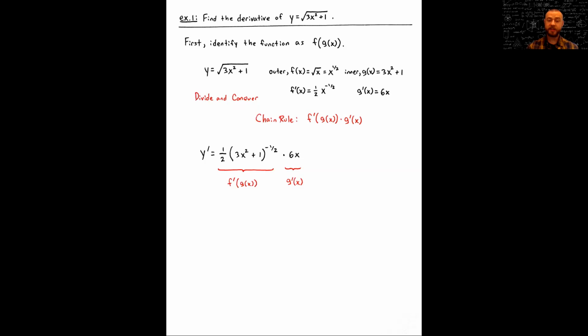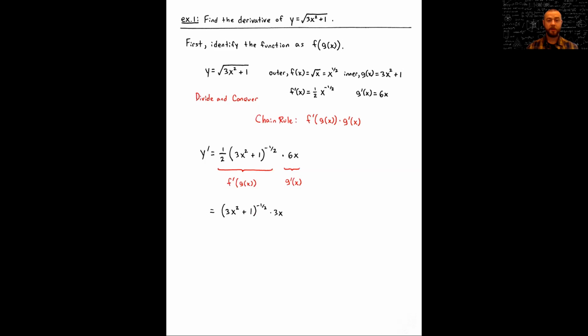All right, now this can be cleaned up a little bit. Notice you have a factor of 1/2 and 6. 6 divided by 2 will give 3. And we can even rewrite this. I'm not claiming it's going to be any simpler, but for various different purposes that we'll be getting to throughout the calc sequence, you might want to express this without negative exponents.